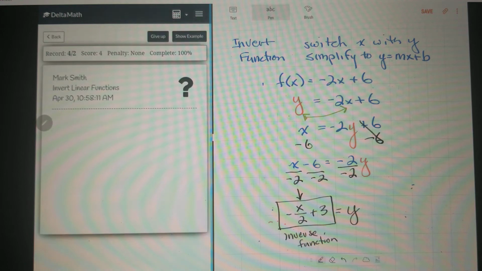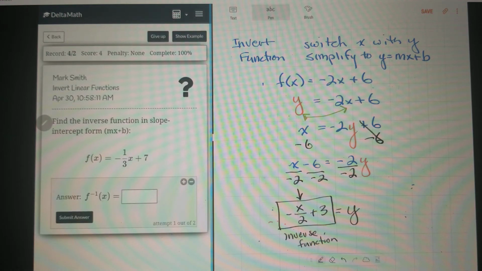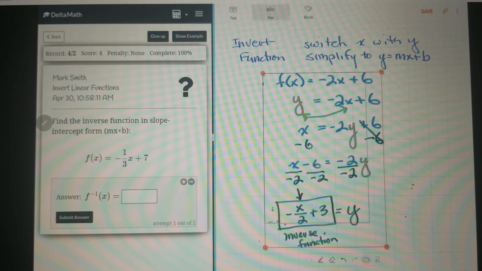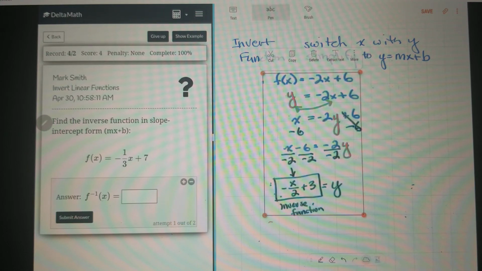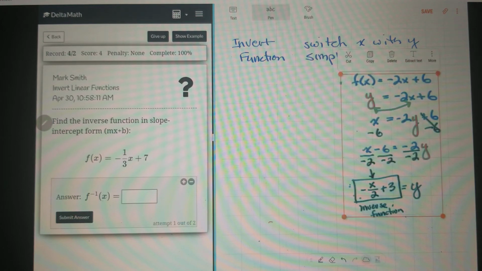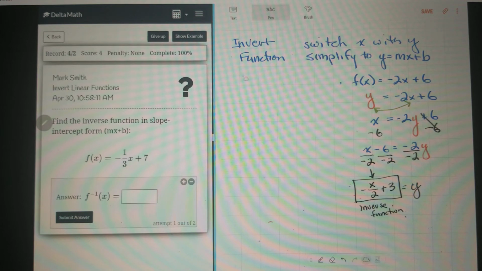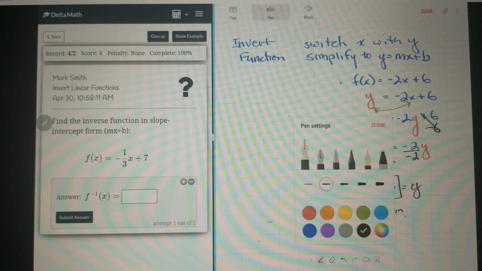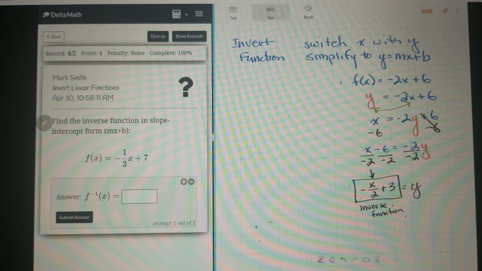Next problem. Take all of this stuff, make it smaller, and move it over here. Now we're going to do the same thing with this one. Of course, it has a fraction, however, we will not be defeated by fractions. f of x equals negative 1/3 x plus 7.